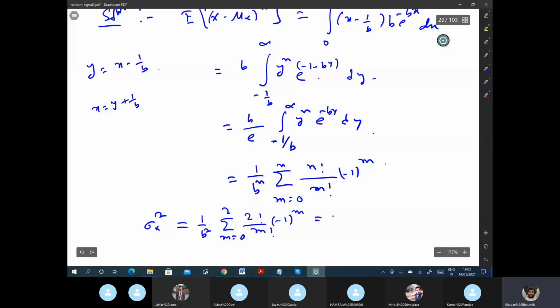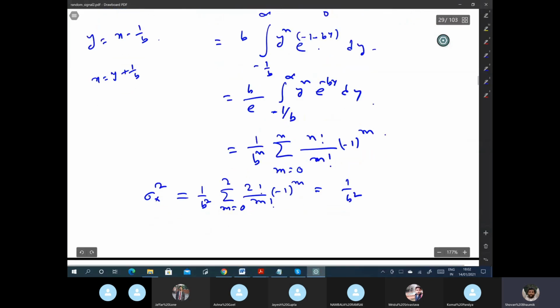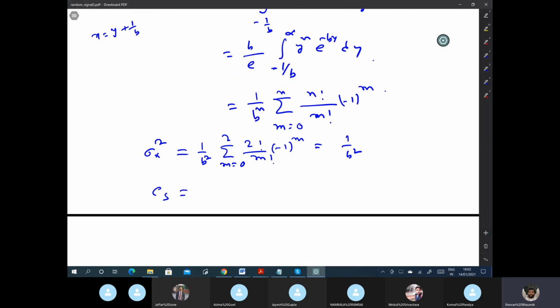Now you calculate the coefficient of skewness first, E of (x minus mu x) cube by sigma x cube, will be equal to what? Can you calculate and tell me?